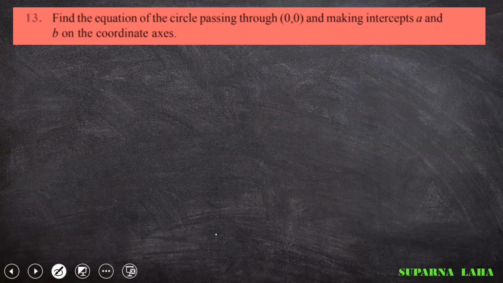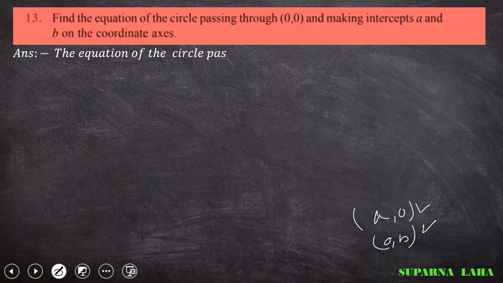That means the points on the circle are (a, 0) and (0, b). (a, 0) and (0, b) are 2 points on the circle. Now it's passing through the origin (0, 0). Now you all know that if the circle is passing through (0, 0), then what is its general equation and what is its standard equation?